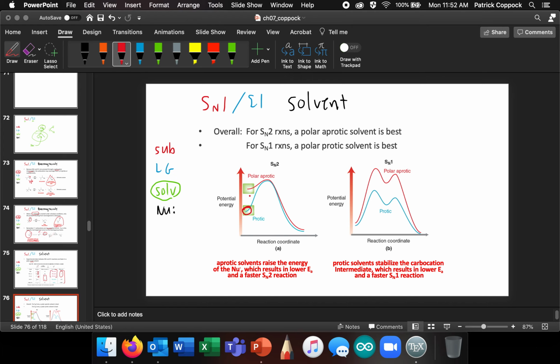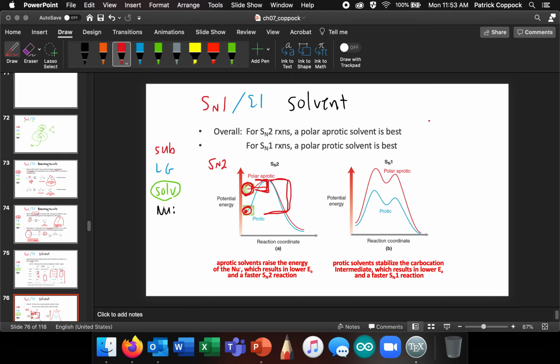Do you see how low in energy, how stable these starting materials are, because the protic solvent stabilizes the nucleophile. But the aprotic solvent does not stabilize the nucleophile. This comes from a previous SN2 conversation, remember that? So the aprotic does not stabilize the nucleophile, and consequently the activation energy is much lower than this activation energy.